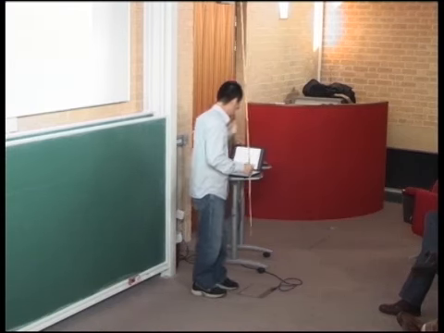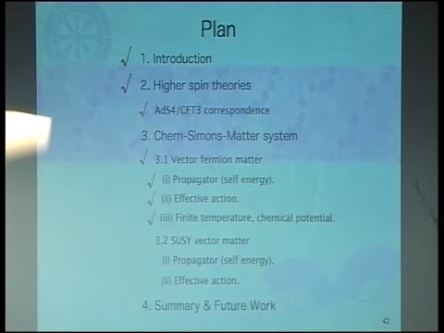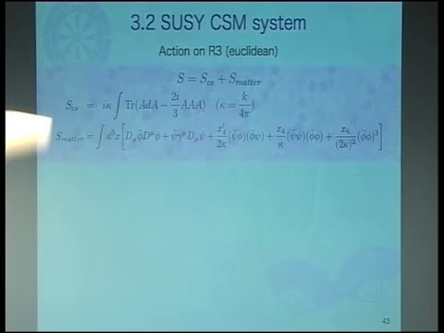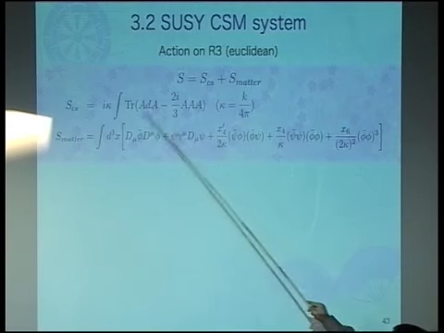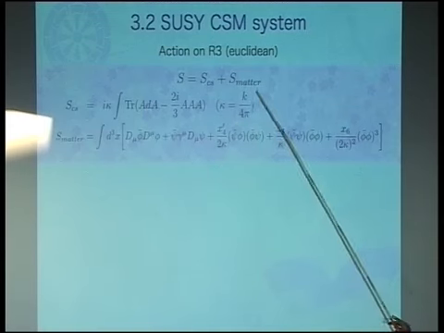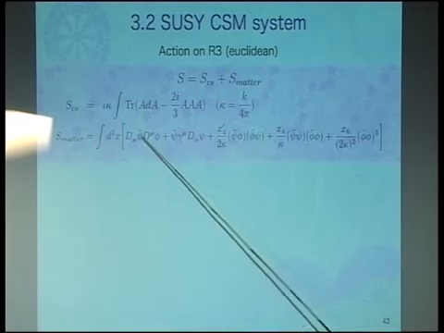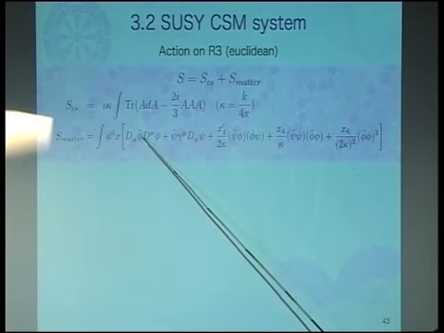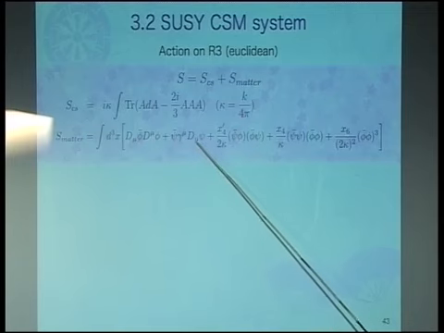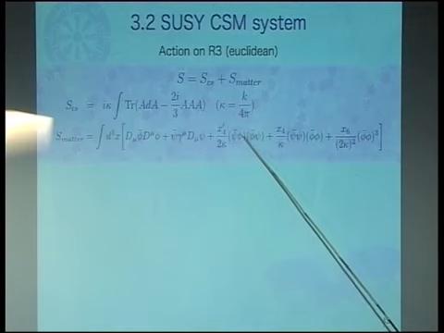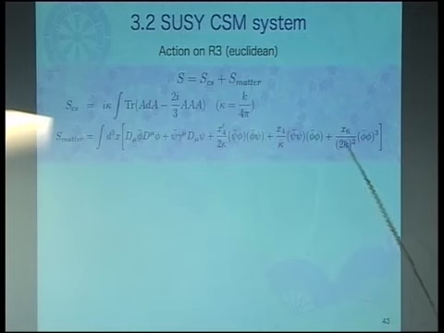Okay, let me move on to the matter including the supersymmetric case. The action is like this. This is the Chern-Simons term, and now as the matter action we add the scalar boson field like this, and psi also, and a 4-point interaction appears like this.